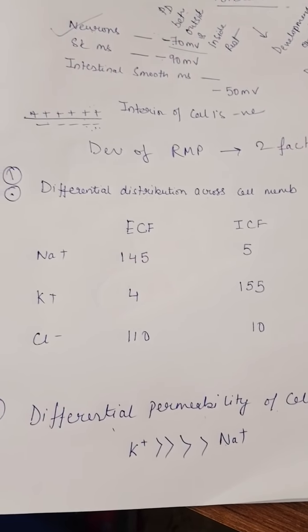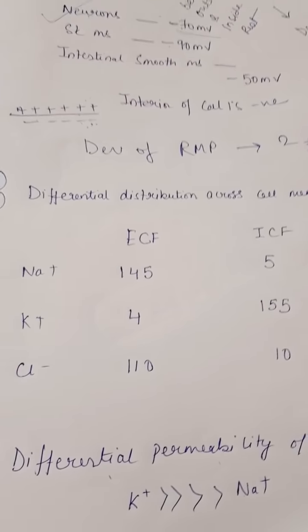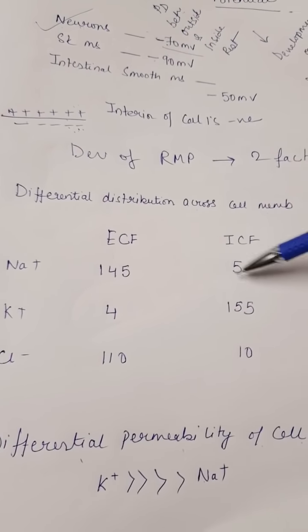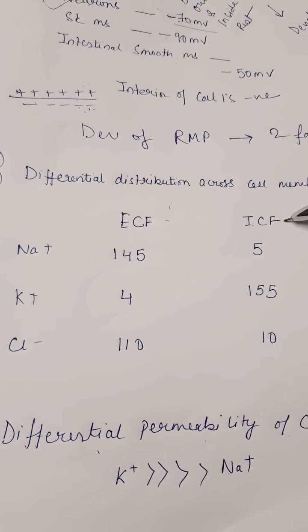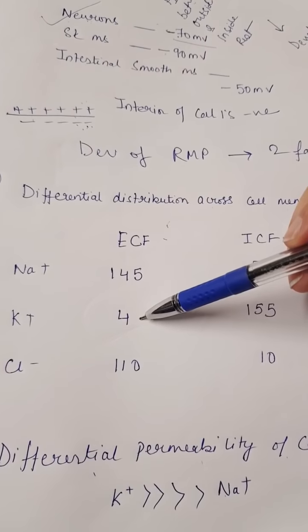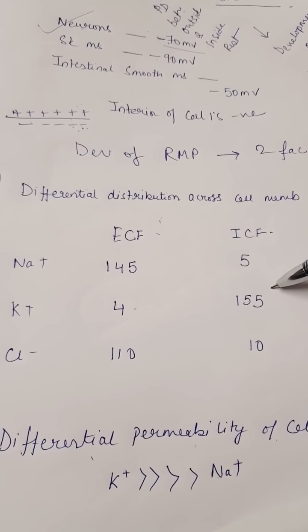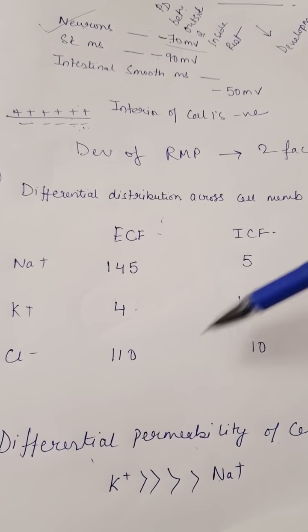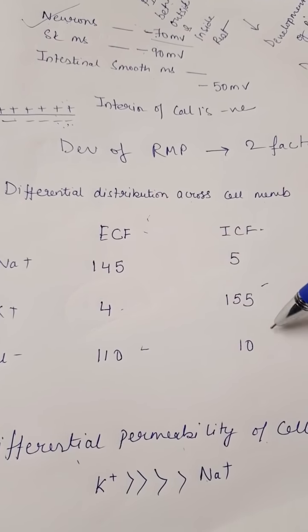So which ions are important? Sodium, potassium and chloride. Here we see the sodium is more in extracellular fluid and less in intracellular fluid. Potassium is less in extracellular fluid and more in intracellular fluid. And chloride is more in extracellular fluid and less in intracellular fluid.